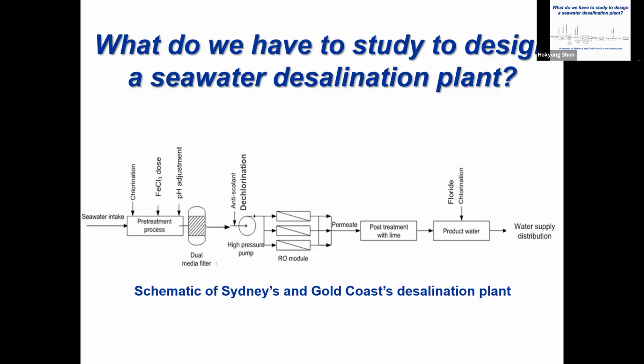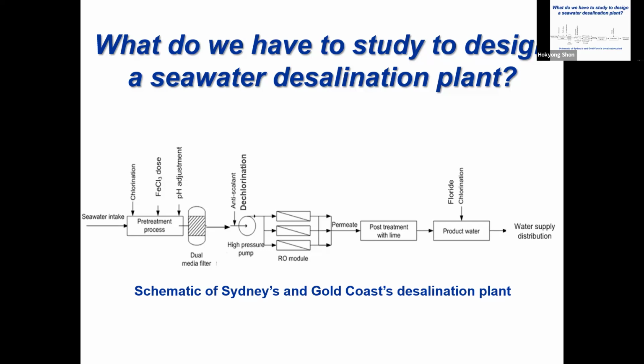And first, you have to go through chlorination and ferric chloride coagulation process, pH adjustment, dual media filtration. Here, you can change to the ultrafiltration. So you can design either dual media filter or ultrafiltration in this space.